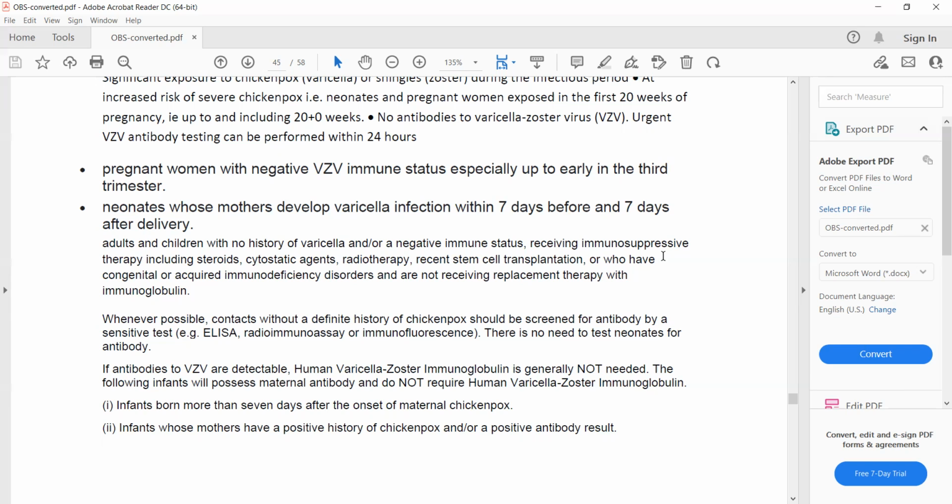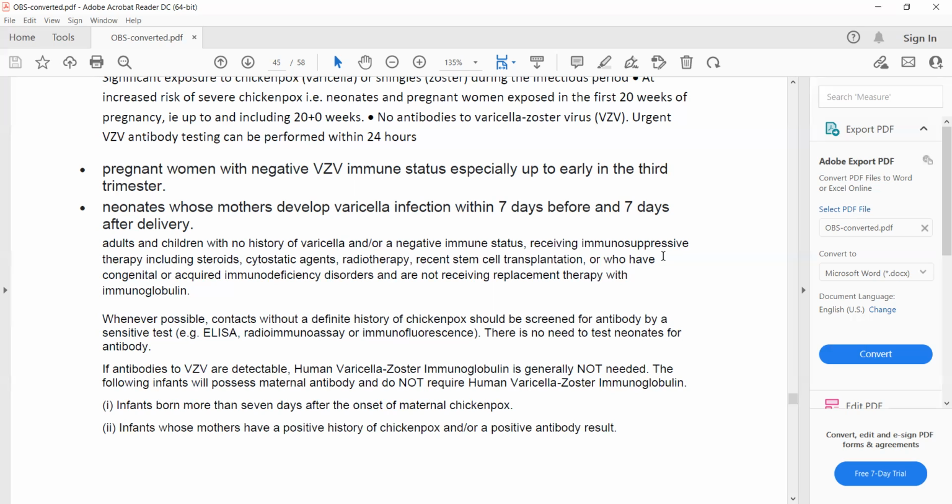Remember that the exposure period for neonate is 7 days before the delivery and 7 days after the delivery. For adults, the exposure period is 2 days before the appearance of the rash and 5 days after the appearance of the rash. And for neonates, it is 7 days before the delivery and 7 days after the delivery. This is a second indication.